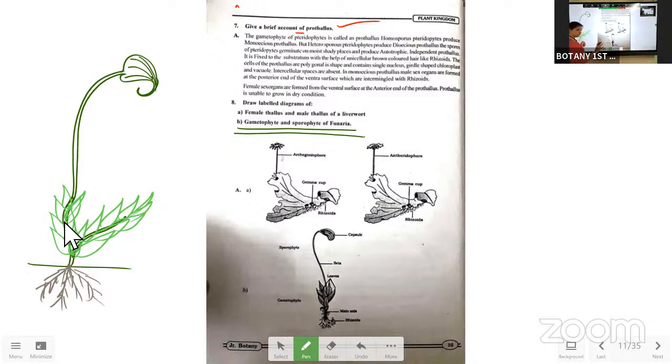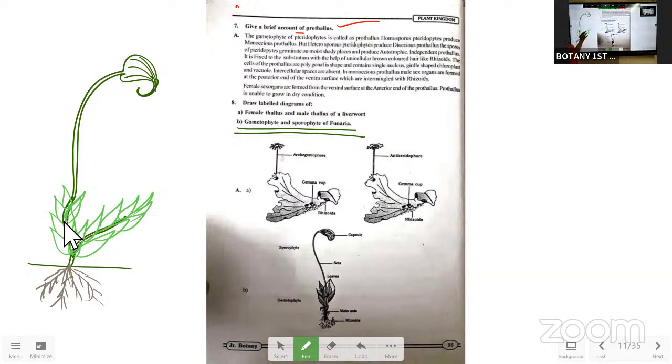It's not the midrib, because the funaria plant belongs to the division Bryophyta, where the vascular system is not at all developed. No vascular system. Non-vascular cryptogams are the bryophytes. So here we cannot say a prominent midrib is present.